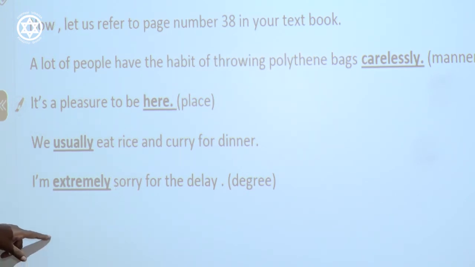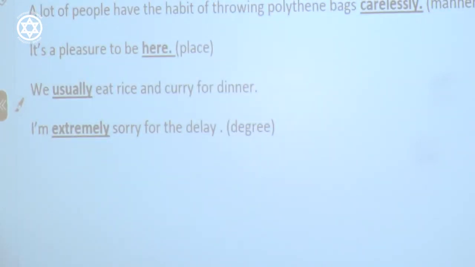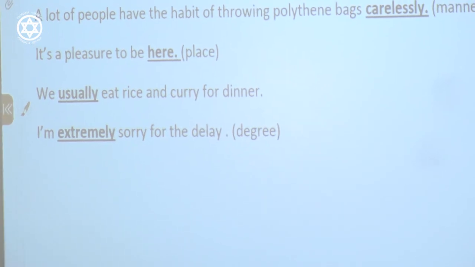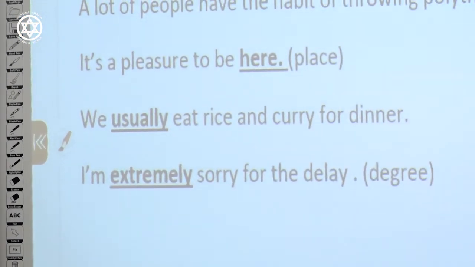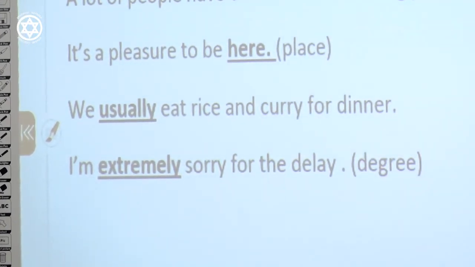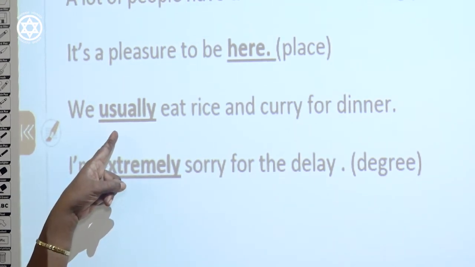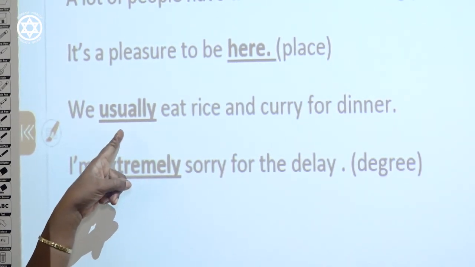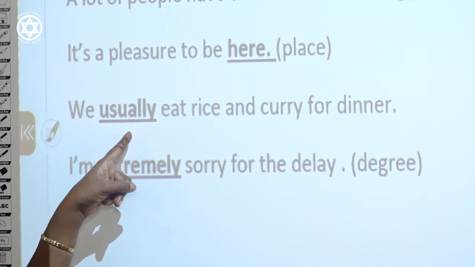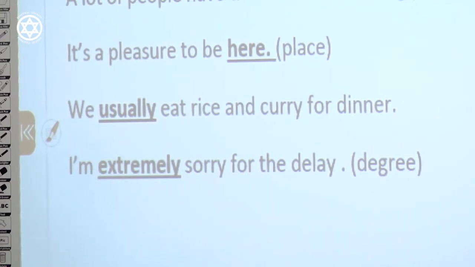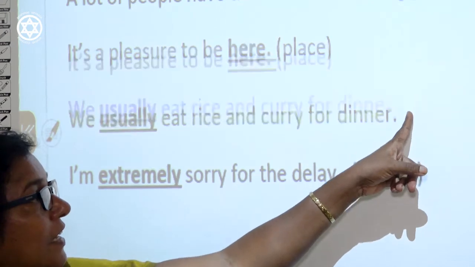Then, the other example: we usually eat rice and curry for dinner. We eat usually. So, how often? It tells us how often we eat rice and curry. So, it is an adverb of frequency.